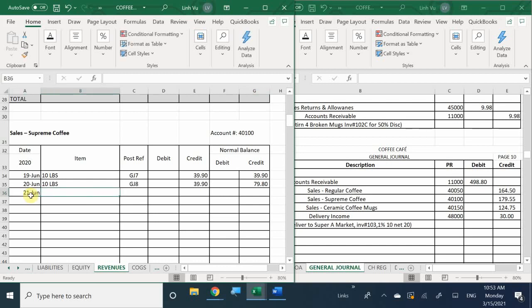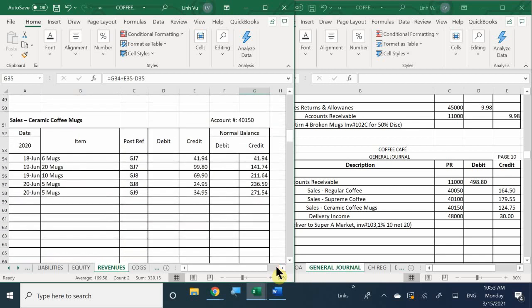Supreme coffee, how many pounds did we sell? We sold 45, for the total amount of 179.55, bringing my account balance to 259.35. Good. All right. Here we have the ceramic coffee mugs.